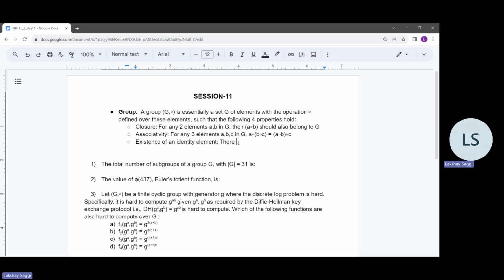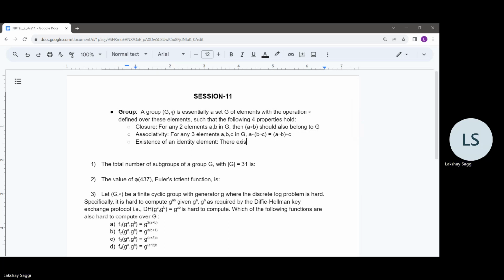Basically, for any element of the group, if we do the operation with the identity element, the output should still be the initial element. Maybe I should write this to get a better understanding.